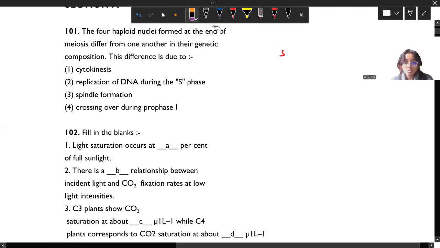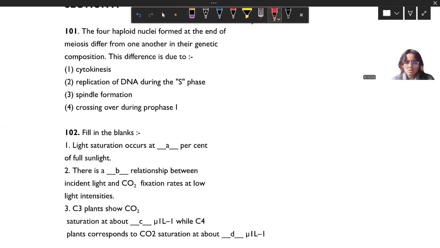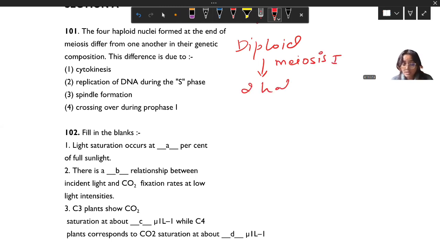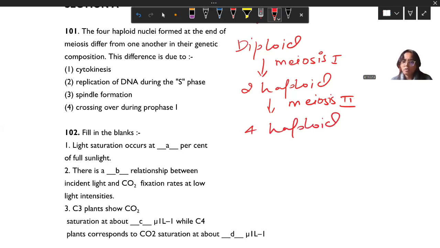Now let us first know what meiosis is. Meiosis is a type of cell division. Let's suppose we have a diploid cell in our hand. This diploid cell is first undergoing meiosis 1. After meiosis 1, this diploid cell will form two haploid cells, and these two haploid cells again undergo meiosis 2 to form four haploid cells.